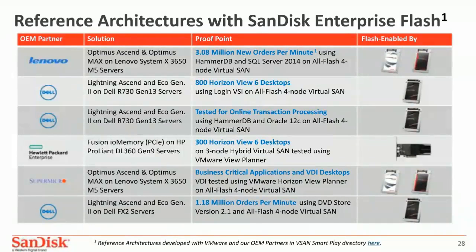The next one, number 4, is with HP Enterprise. We put together a hybrid configuration using our PCIe card, which is, as I said, the highest performing product. Using that configuration, we were able to support 100 Horizon View desktops per node.